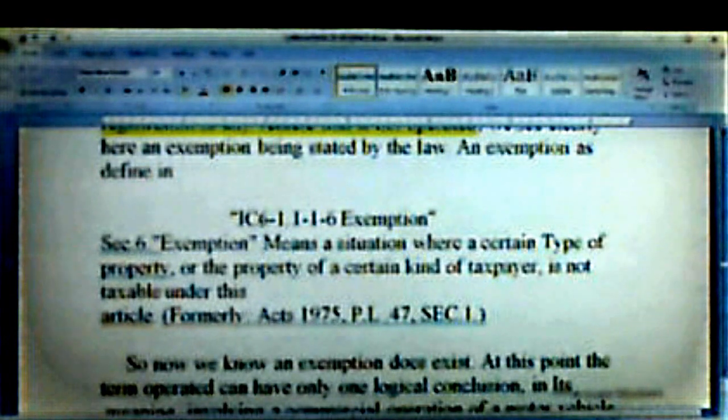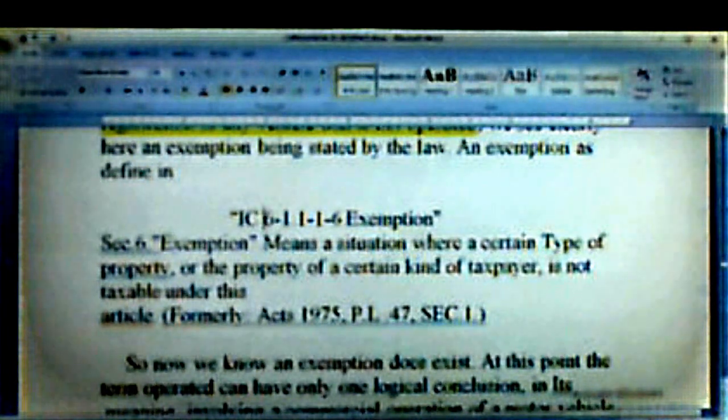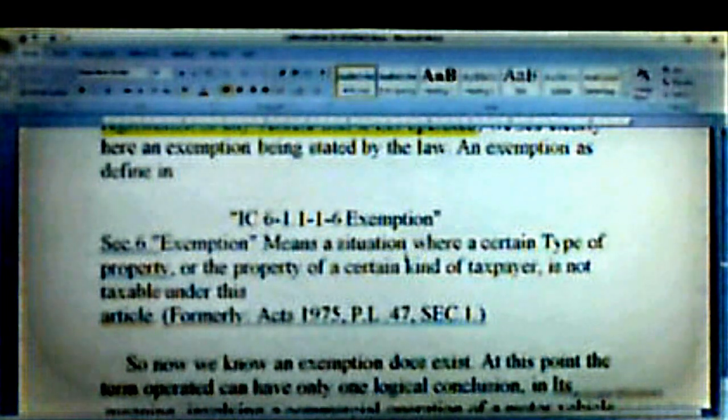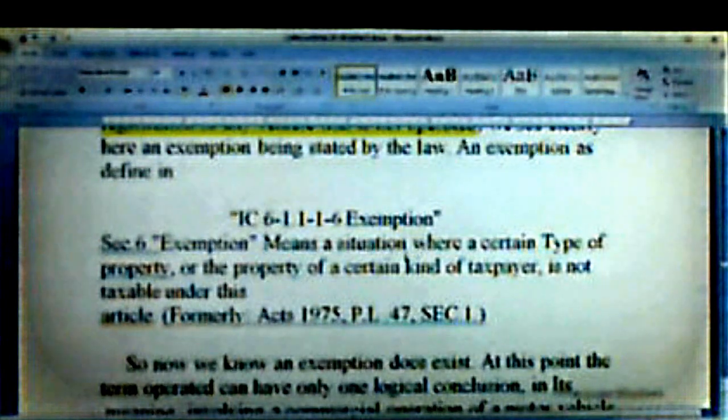What is an exemption? IC 6-1.1-1-6. Exemption means a situation. Now notice it doesn't dictate solely about whether or not it's a car. It talks about a situation.